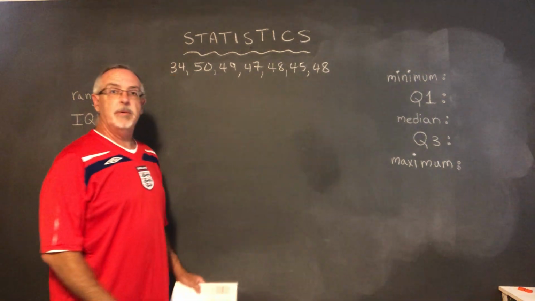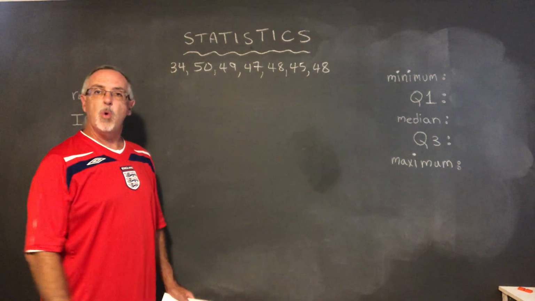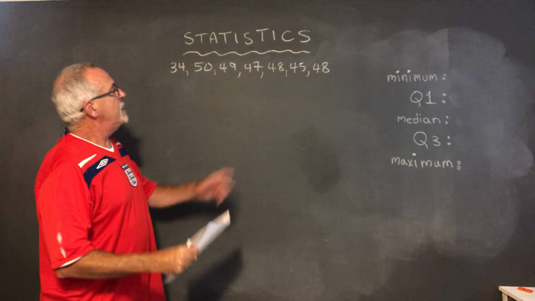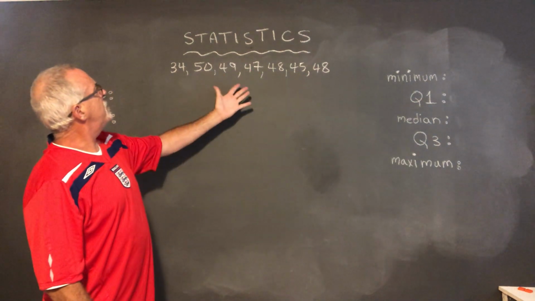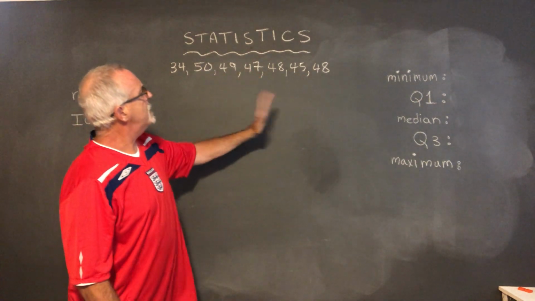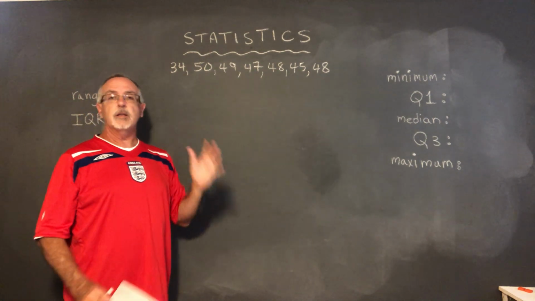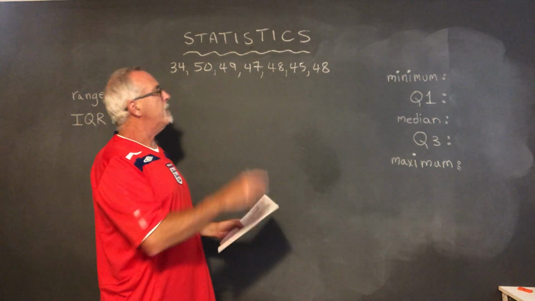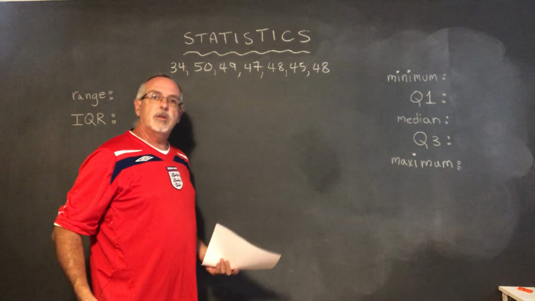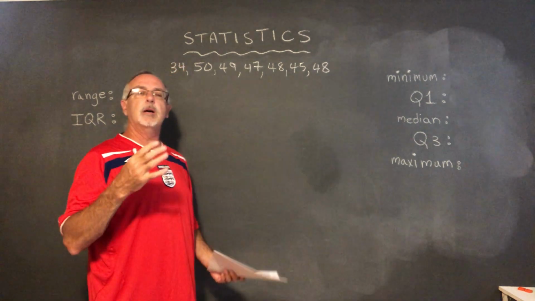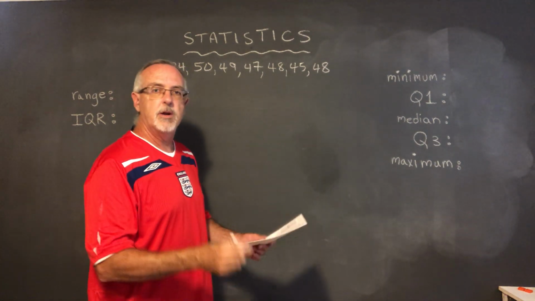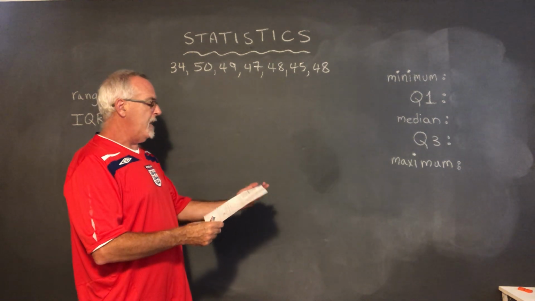Now one thing that's happened already is I can see my mode because I have the raw data. I have 2 48s, it's the only number that appears more than once, I think, double checking, yes. So the mode is 48, that's interesting. So sometimes when you are given the raw data, you can introduce the mode into the conversation. It becomes just another tool to use when you're doing a statistical analysis.